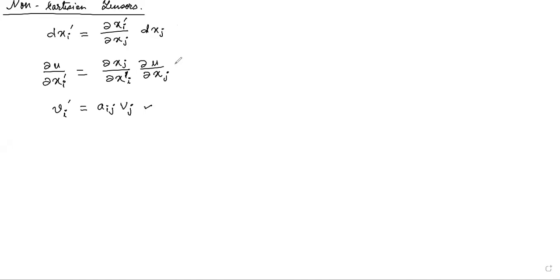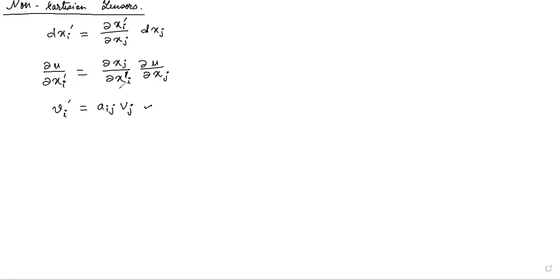Okay, and then if we look at these two equations from the point of view of a Cartesian vector, for Cartesian vectors we can easily verify that dou xi prime by dou xj and dou xj by dou xi prime are the same.